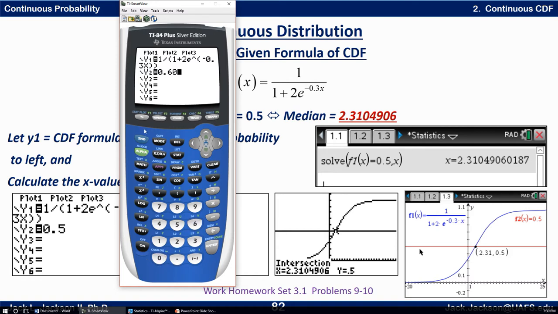And again, we just want to do a calc intersect here, and that will take care of it. Or in the Inspire, again, it's a solve. It's just a 0.6 here instead of 0.5. And so this x value is the 60th percentile. The probability to the left is 60%, 0.6.